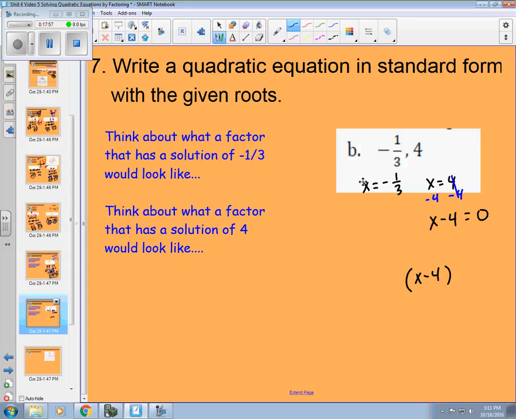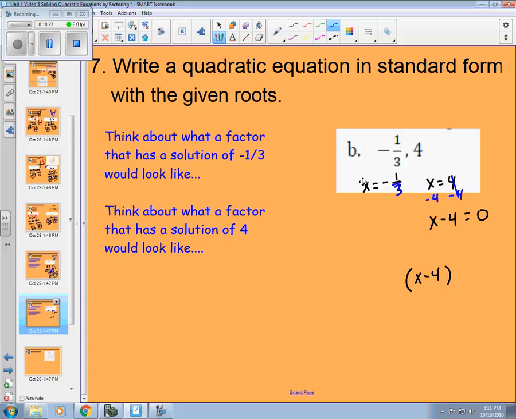Now, we could just do +1/3, and we would get x plus 1/3, but that's going to be really messy to have to multiply through by some kind of fraction. So rather than doing that, we can get it as something without a fraction by doing some multiplying first. This is being divided by 3.